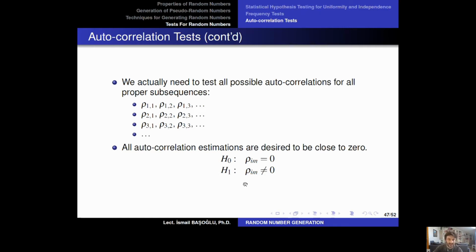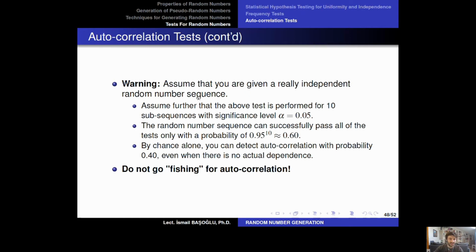So we need to run this hypothesis testing, but this is a problem. There are too many autocorrelations here to check with this hypothesis testing procedure. And actually, this is a dangerous operation. Why? So let me explain why we should not check all possible autocorrelations for all possible proper subsequences.